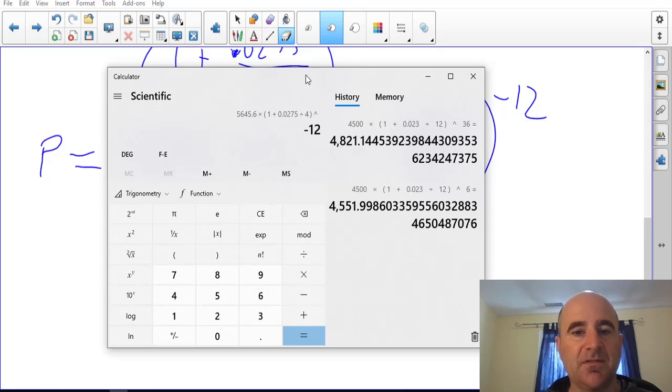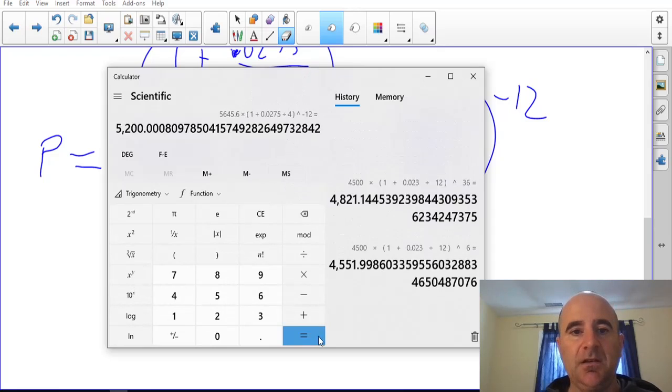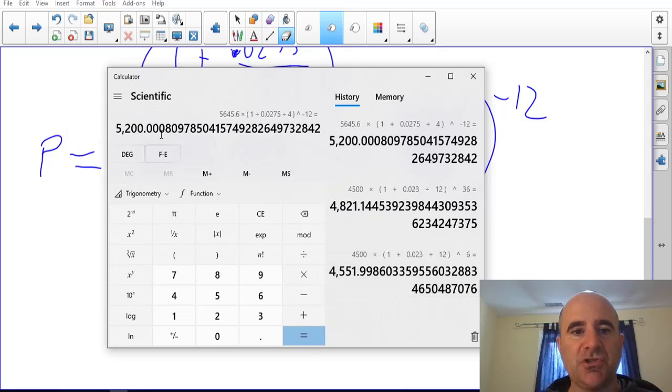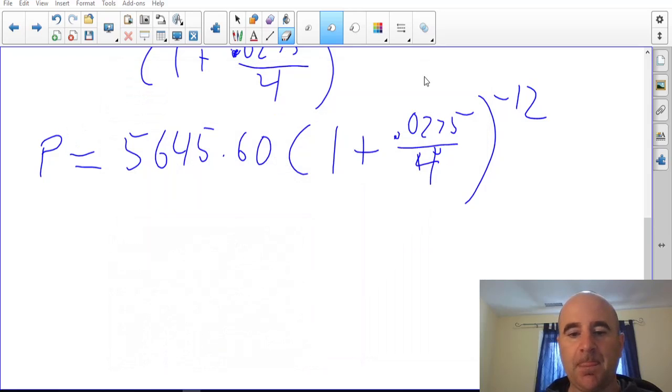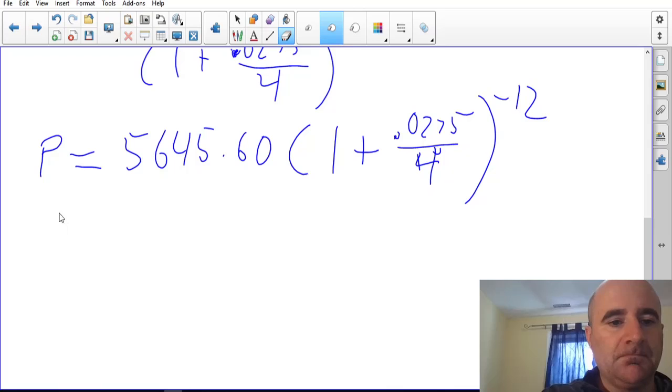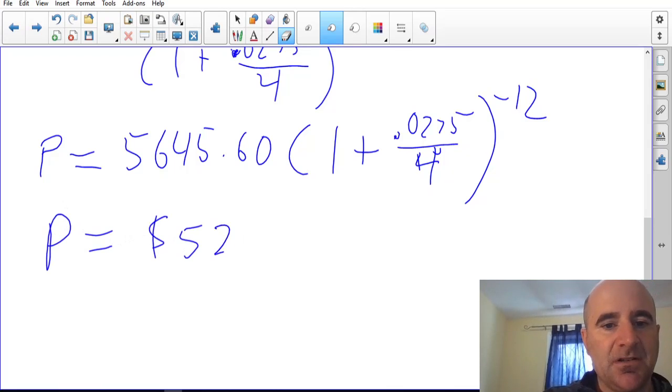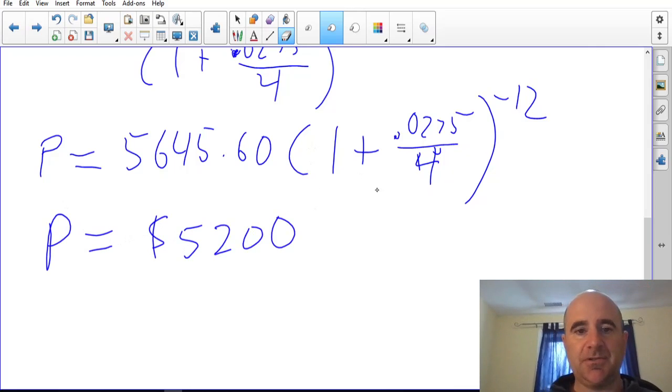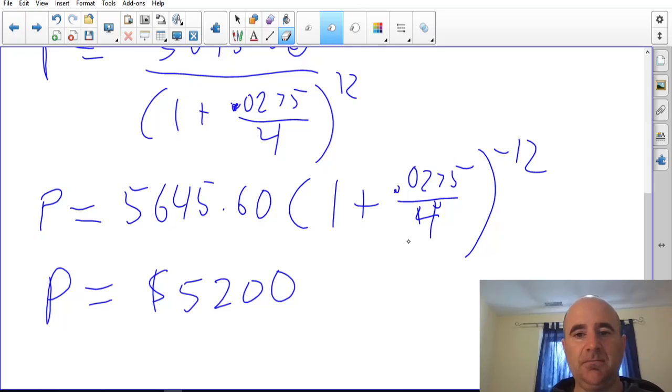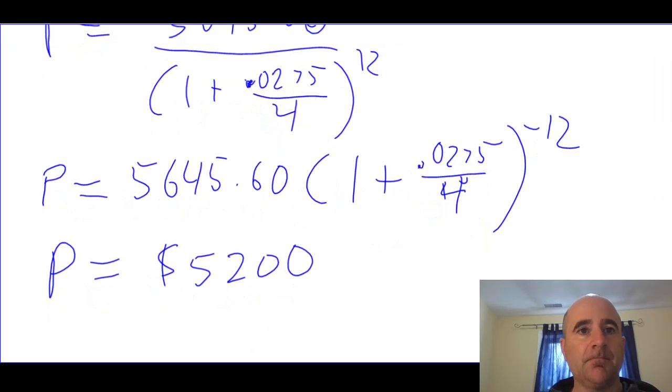You might have to do the negative sign and then the 12. Equals, that's $5,200 exactly if you round to the nearest cent. Okay. So in this case, the principal, or the starting amount, was exactly $5,200.